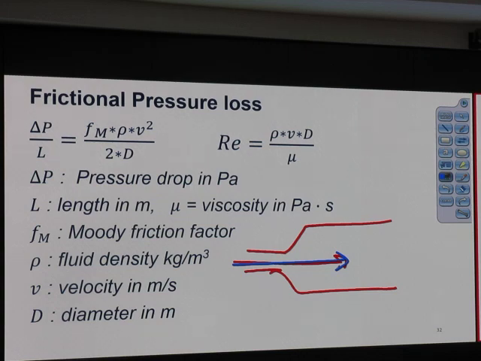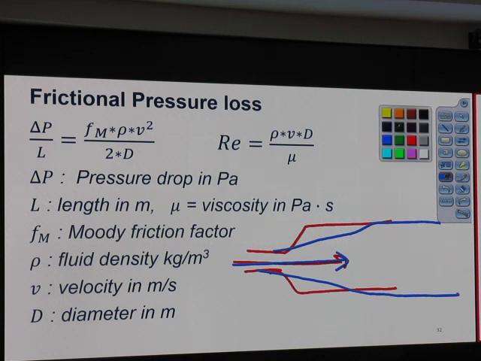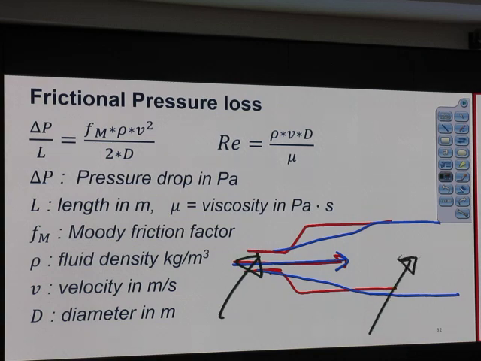Okay, it could be, if this expansion is a gradual expansion, like slowly changing, so we have high velocity over here, but lower velocity over there. So from the Bernoulli equation, a higher velocity has less pressure. You believe this? Higher velocity has less pressure. You don't believe it? Have you ever played this?